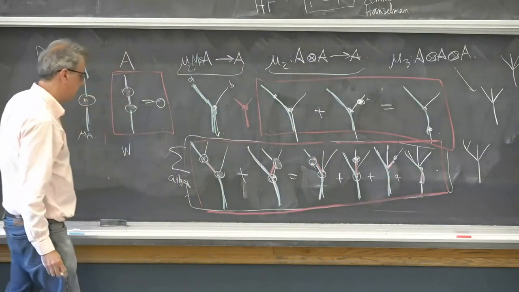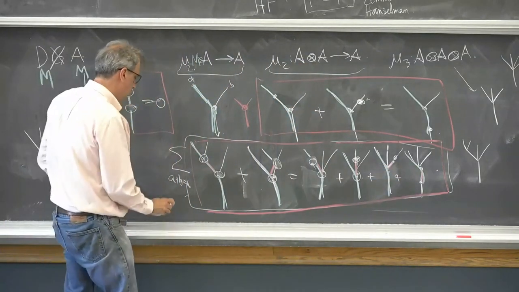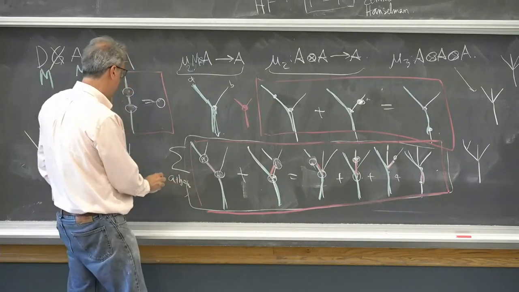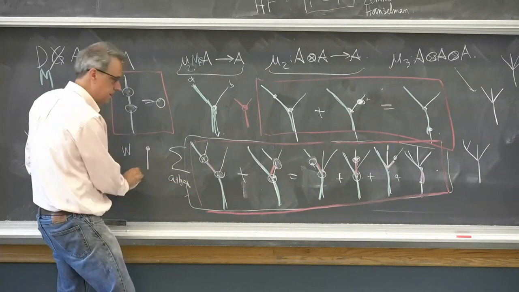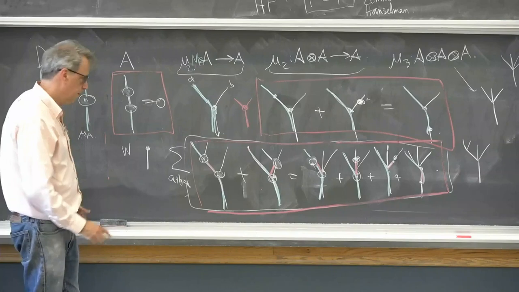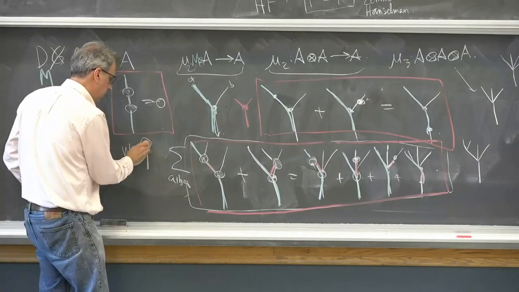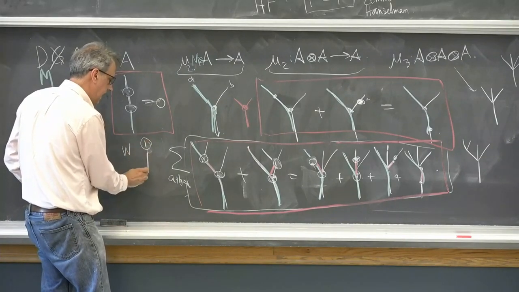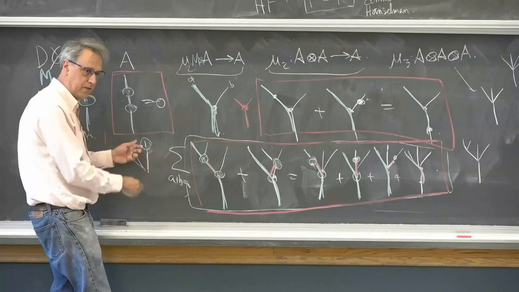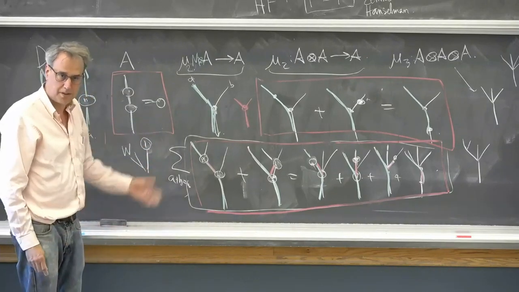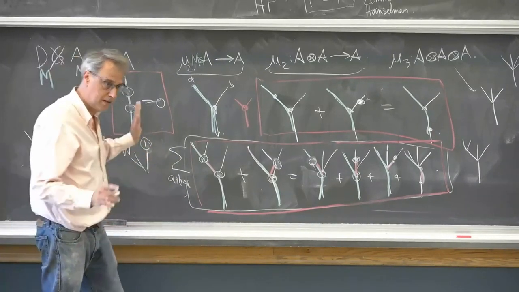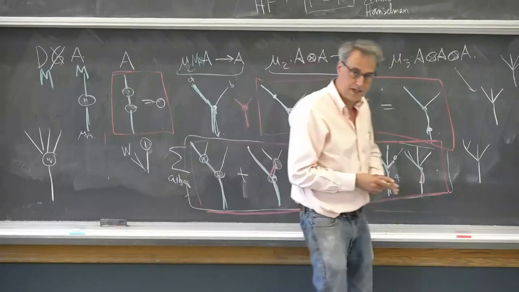And there's one additional thing that I want, which is I want to allow, so far I didn't have any no-input operations, but now I'm going to allow, as long as I have at least some weight coming in, bubbles with no other input, just weight. So this is what a weighted A-infinity algebra is.